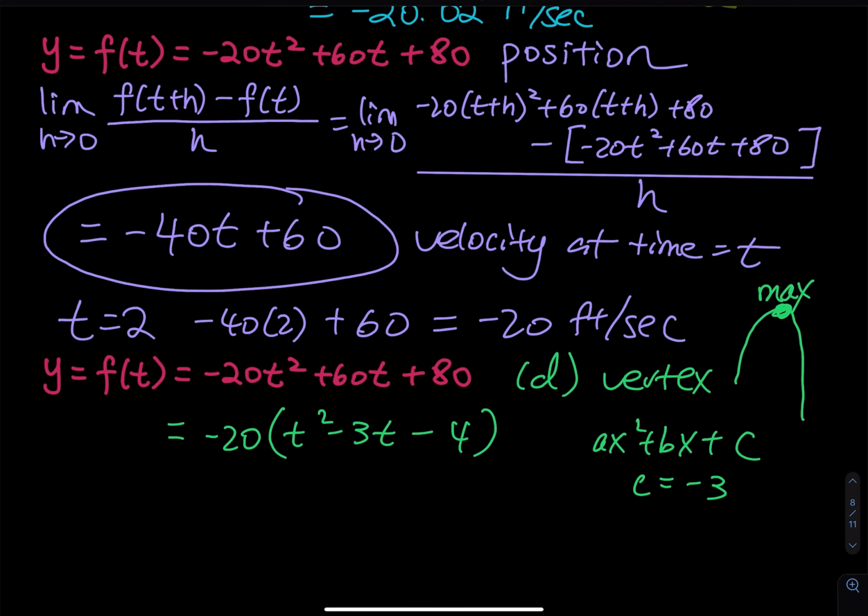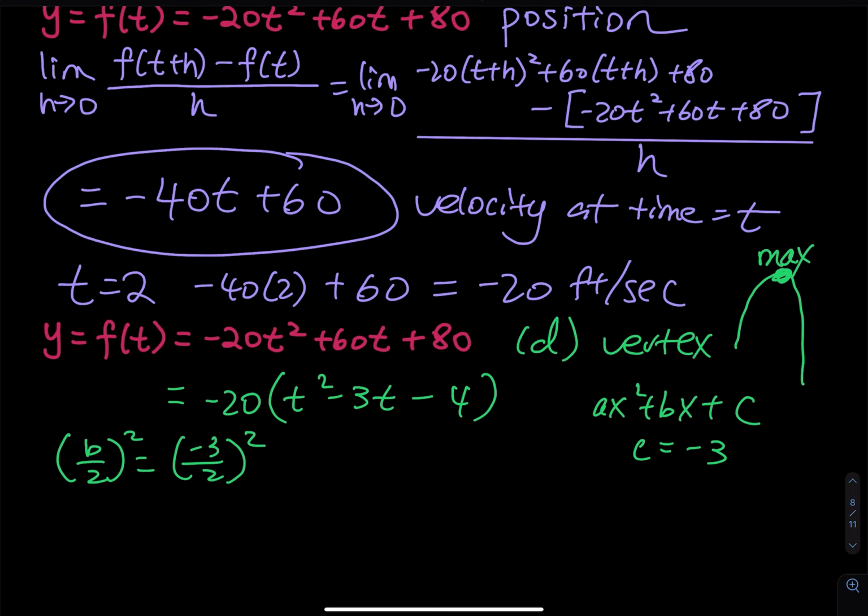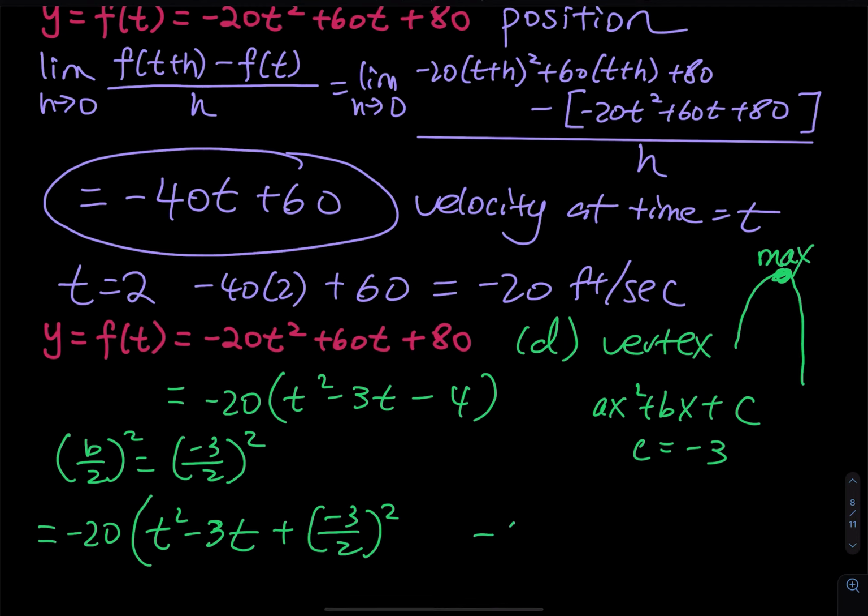So when you complete the square, you have to do b divided by 2, squared. So that is negative 3 divided by 2, squared. Do not square this out. But if you have your own way to complete the square, follow your own way. t squared minus 3t, and then you add this extra square. I know that changed the problem, but at the end of the day, I will subtract the same thing.